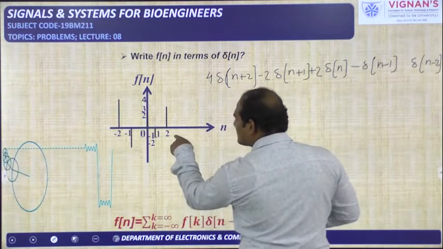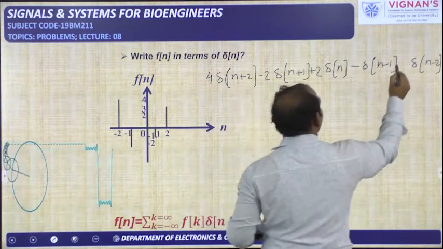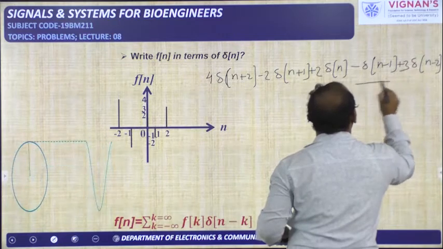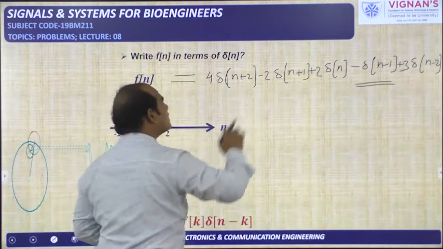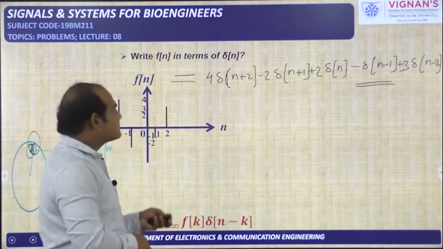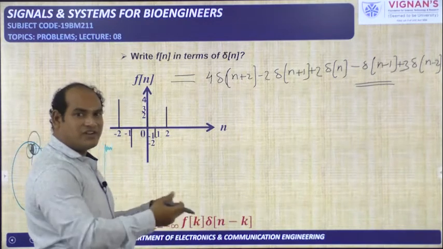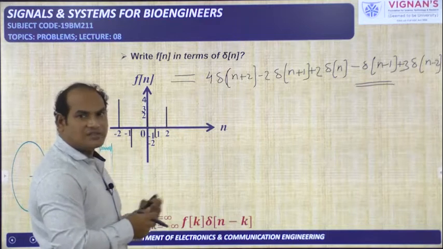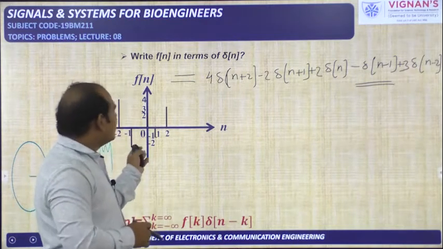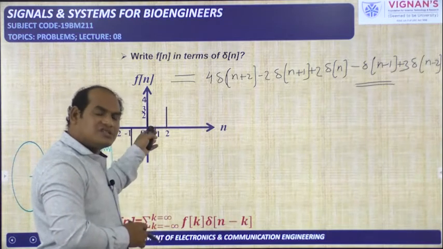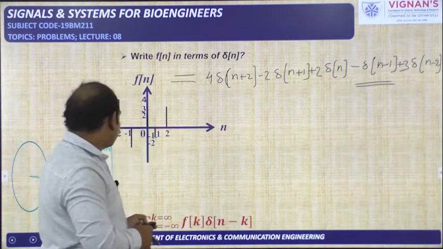The next sample is available at n is equal to 2 with amplitude 3, so you take here +3. Over. We have represented f of n in terms of the discrete time impulse signal by the modified version, that may be shifting or amplitude scaling. So all these are samples only. All these are modified versions of the impulse signal only.